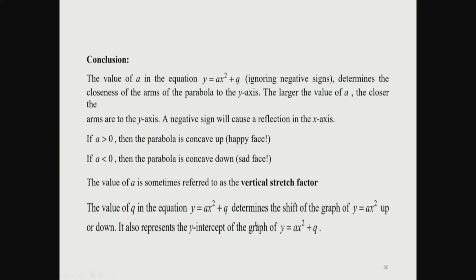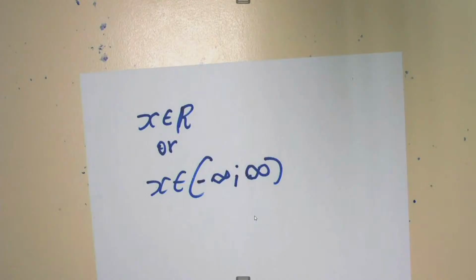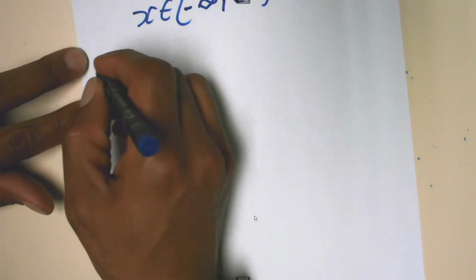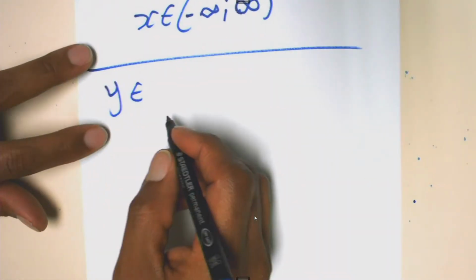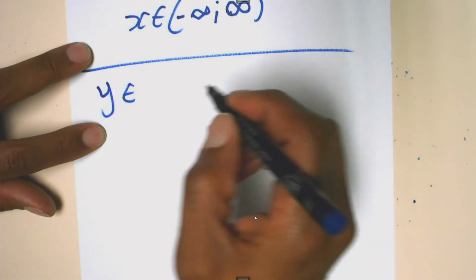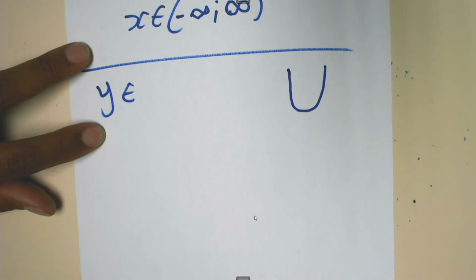I wanted to see if I can correct it, but not a problem. I will write it here. The first one, we have y element, right? Because we say the graph a is greater than 0, then it will face up like this one.